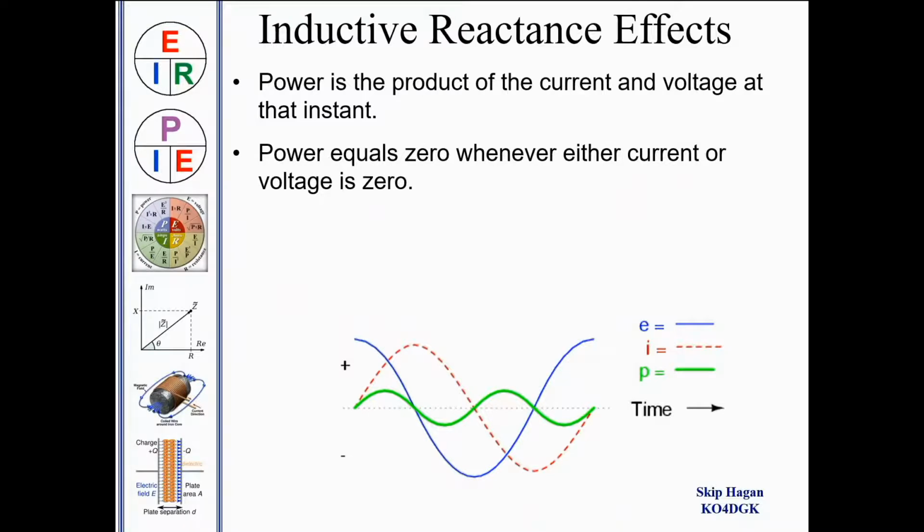So as we look at the graph down at the bottom, we can see that power is zero anytime either current or voltage passes through zero.